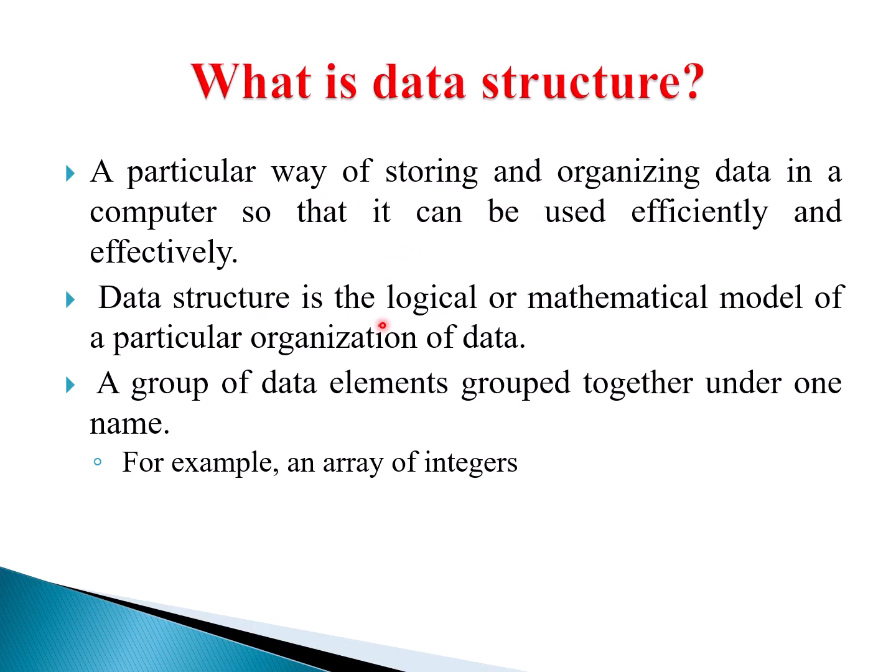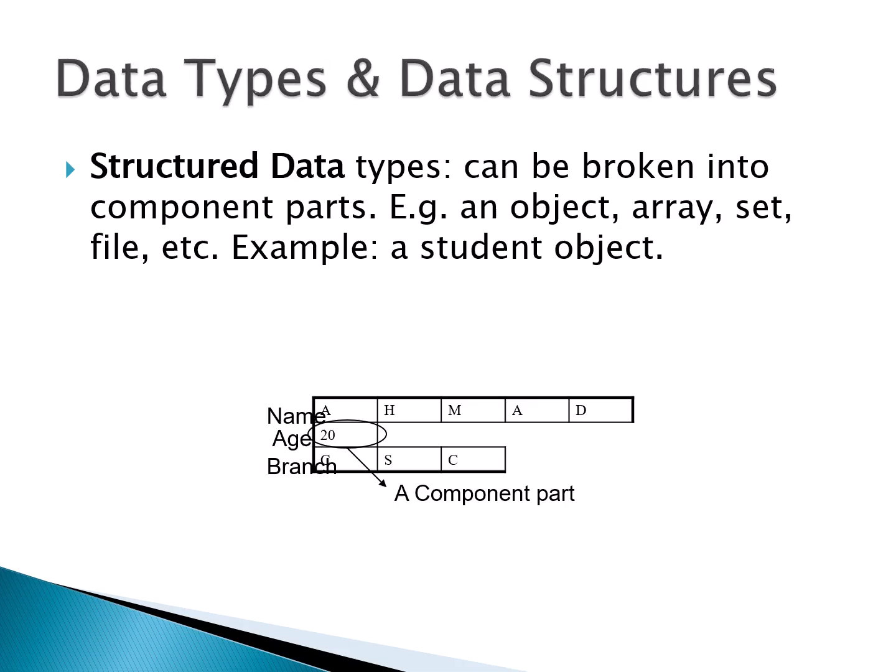A data structure is a logical or mathematical model of a particular organization of data. It is a group of data elements grouped together under one name, such as an array of integers. So indirectly we are keeping the data in some order. If the data is not in order, it is very difficult to access the data, so we keep the data in an organized manner by using one of the data structures.